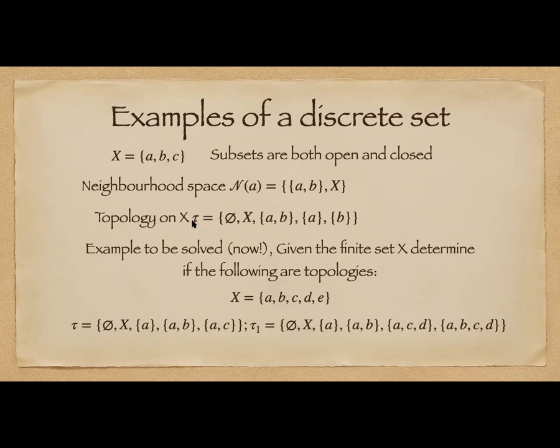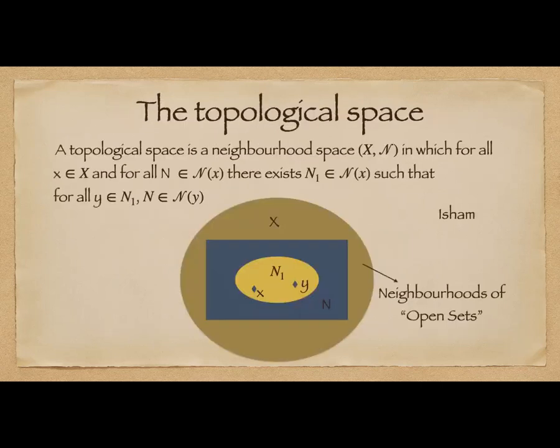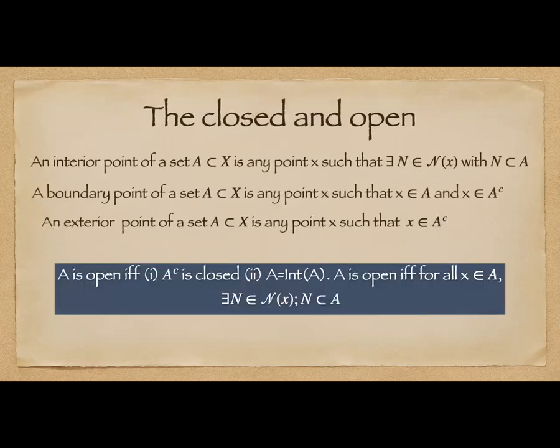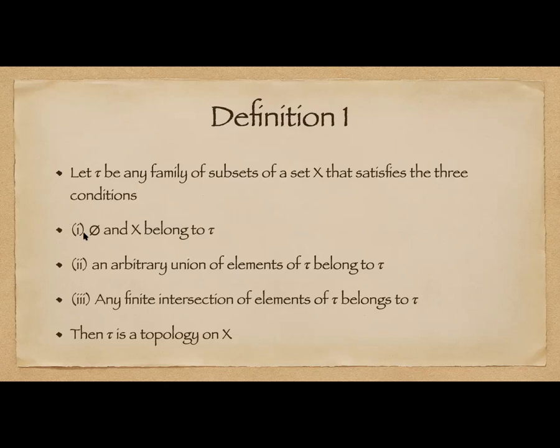Why is this second example a topology? Because for that, we have to test it for the three axioms. What are the three axioms? Empty and X belong to tau. An arbitrary union of elements of tau belong to tau, which means union of the subsets are also in tau.